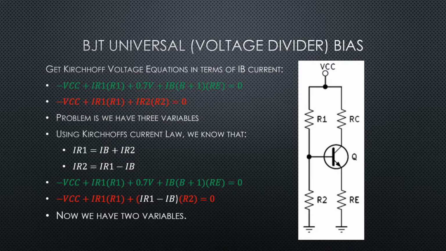So what I like to do is solve for IR2, and then I only have to substitute into the red equation. And so IR2 is equal to IR1 minus IB. Now that gets everything in terms of IR1 and IB.